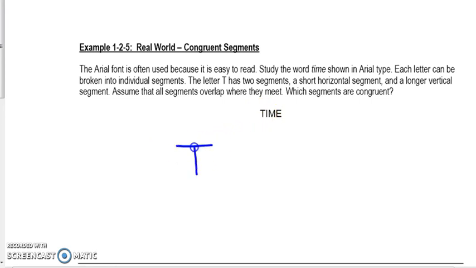So if we kind of looked at T here, I'm going to hopefully draw it. It's not the prettiest, but you get the idea. So basically, what segments we have would be the same, would be this one would be the same as this one, which would be the same as this one, and this one, and this one.